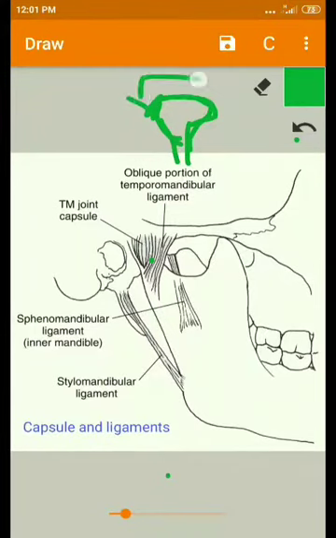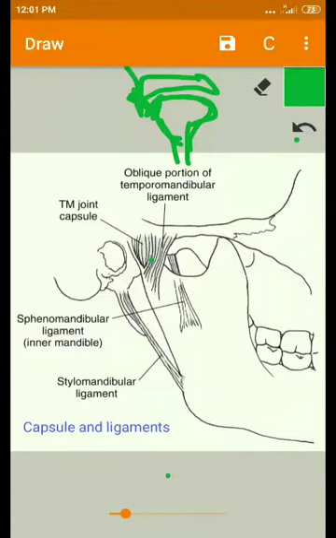Over the condyle we have the disc, isn't it? So it extends to the posterior portion of the disc and is attached to the articular tubercle.